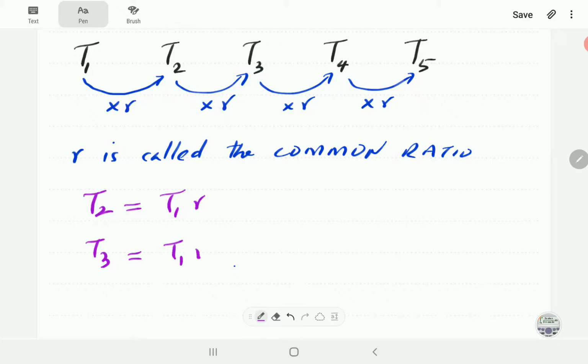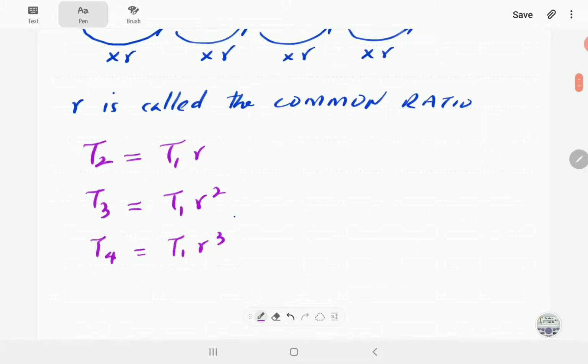So it's going to be T1 times r times r. T4, if you want to go from T1 to T4, you multiply by r 3 times. So it's going to be T1 times r cubed. Similarly, T5 is going to be T1 times r to the power 4.